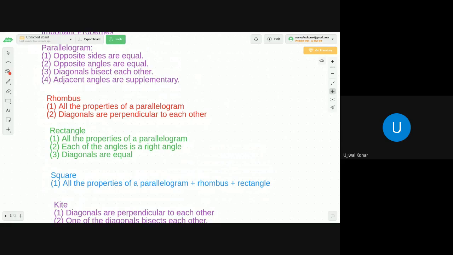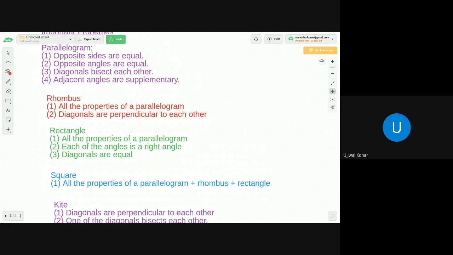Now, next is the rectangle. What are the properties of a rectangle? All the properties of a parallelogram plus each of the angles is a right angle and the diagonals are equal. Correct, dear students? Absolutely clear. Now, next one is the square.